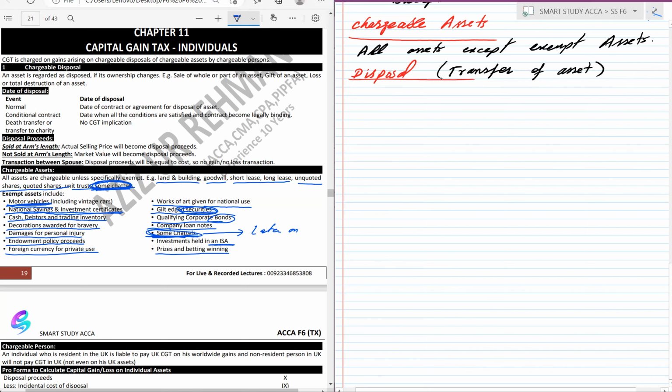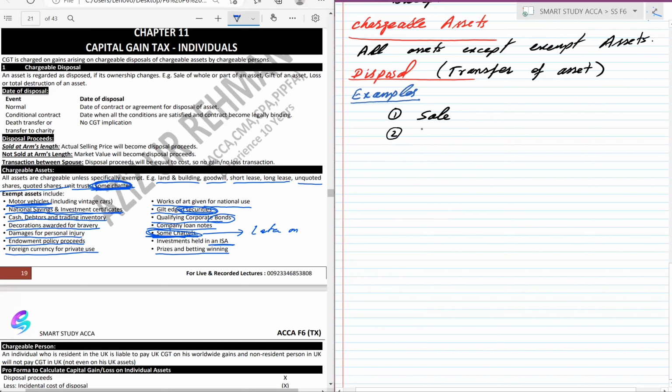Examples could be: number one, sale, a very common example. When we dispose of an asset, when we sell an asset, it will be transferred.